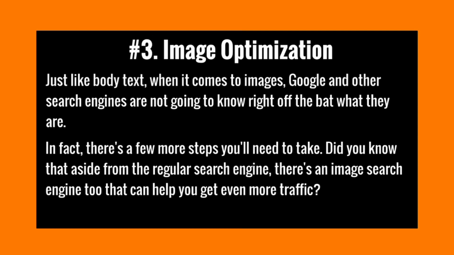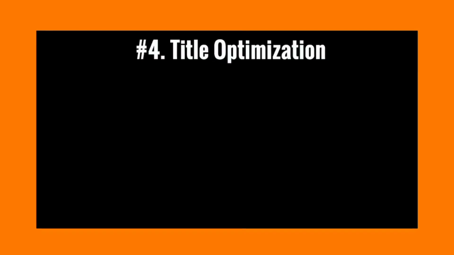So don't try to game the system and name an image something that it's not. Name it what it is so that it's an attracting image. And when somebody's looking for that image, they're going to find it, they're going to click it, and that's going to help you in the long run. In fact, beyond that, there's a few more steps you'll need to take. And plus, in addition to that, with the image search engine that I talked about just now, you can actually get a lot of traffic from that search engine.